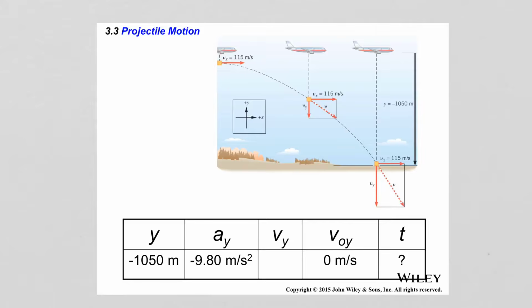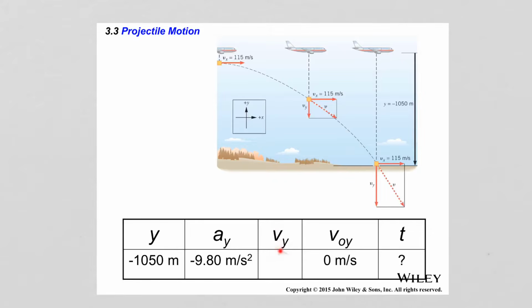The question in this problem, however, is to find the time it takes for the package to hit the ground from the release point. And so here is my table with the 5 kinematic variables. In that table, I know the vertical displacement, minus 1050 meters. The minus sign again appears because the motion is in negative y direction. The acceleration ay is negative 9.8 meters per second squared.